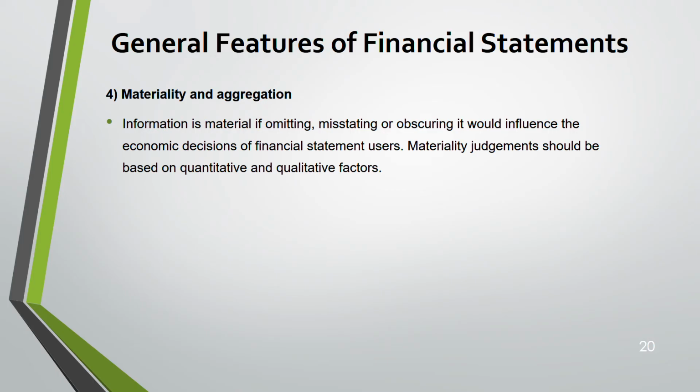Materiality means if you omit or misstate any information that can influence your users to a great extent. But to decide materiality, remember, management should base it on quantitative as well as qualitative factors. Not only the number, the amount, but also the qualitative factor matters a lot. For example, for some industries, some factor will be material. For another industry, that factor might not be material.